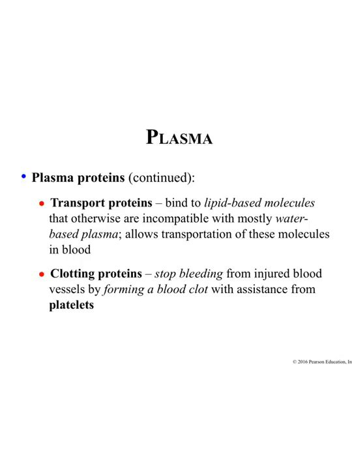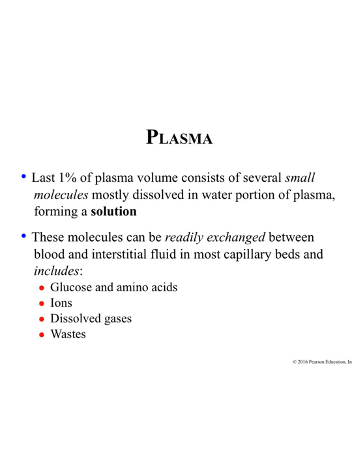Then clotting proteins, again, to stop the bleeding. When you're bleeding, the clotting proteins in blood become active, and along with platelets help stop the bleeding. We're going to discuss that process in much more detail later.